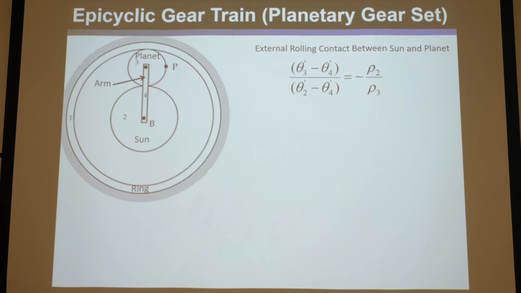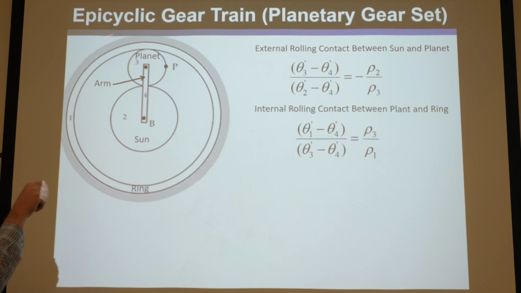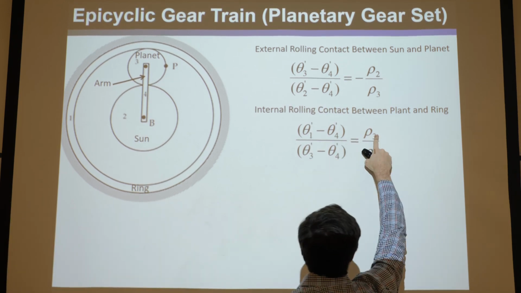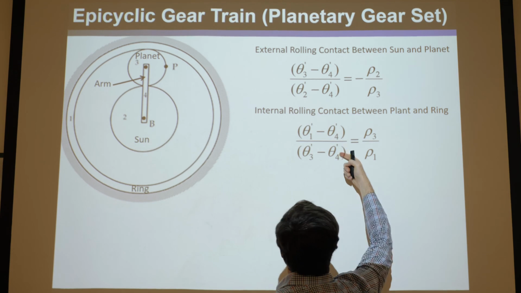But now let's say, okay, let's forget about the sun, just pretend the sun isn't there, and say we have the ring with this arm going to the planet. If you just ignore the sun, pretend I just didn't draw the sun and I just left 4, 3, and 1, then you could draw the internal rolling contact kinematic equation and make sure you label this correctly, where 1 is the ring on top and the bottom, okay, here 1, 1, and then 3 is the planet, it's top and bottom, and then 4 is always the arm.